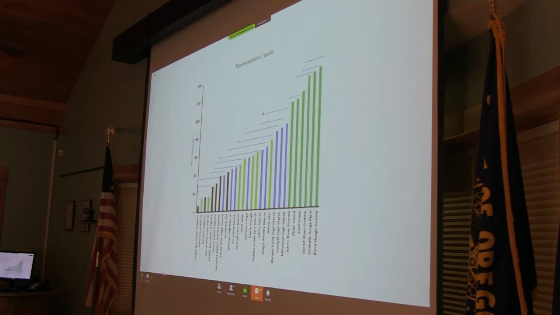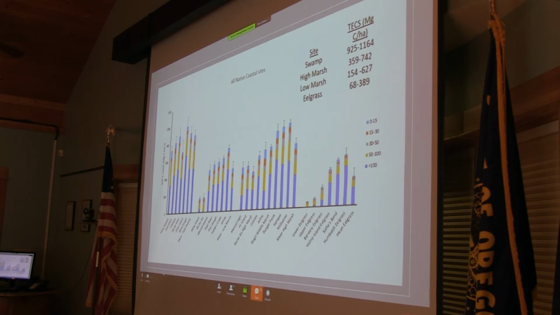The darker greens are the Sitka spruce sites, the blues are high marsh, the light greens are low marsh, and the olive greens are the Humboldt eelgrass. You can see the vegetation type correlating well along this gradient of increasing carbon stocks. Those horizontal lines, incidentally, are significant differences from multiple comparison tests on a site basis at a p-value of 0.05. But I'll get back to statistics in a second.